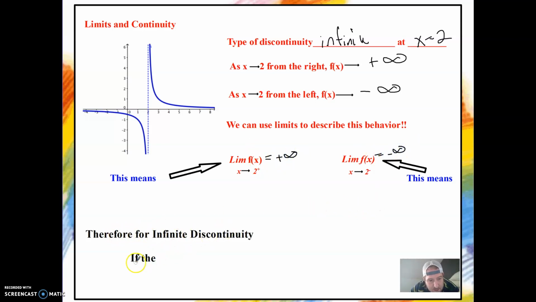Therefore, for infinite discontinuity, if the limit of f of x equals positive or negative infinity, it doesn't matter what x is approaching. If one's positive and one's negative, one's going up and one's going down, then you know it's an infinite discontinuity.